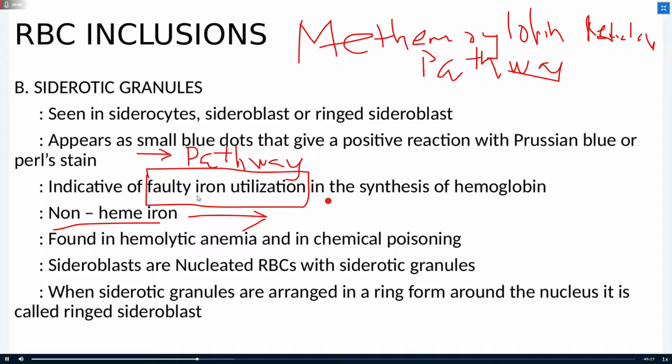Alright. Your ferric iron. Kasi di ba yung heme nyo is always in the ferrous form. So this would be your ferric iron. They can be found in hemolytic anemia and in chemical poisoning.